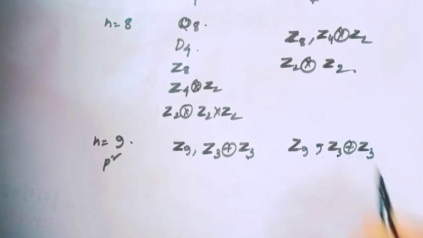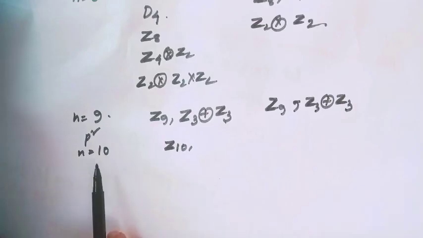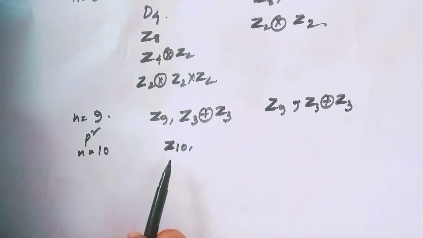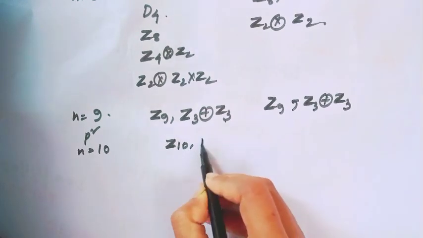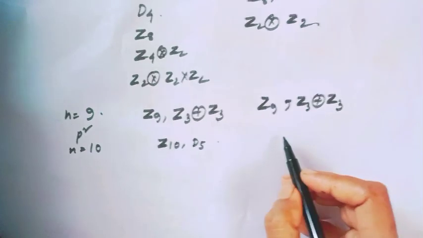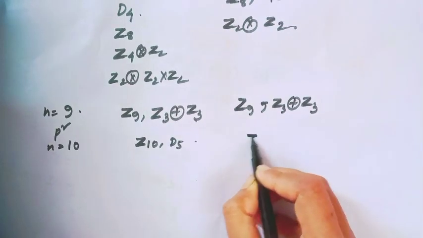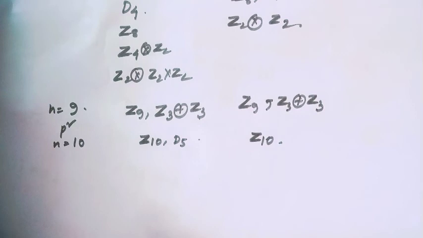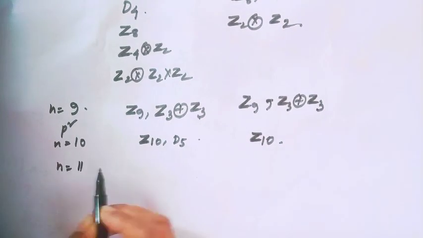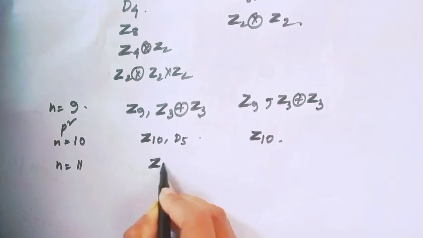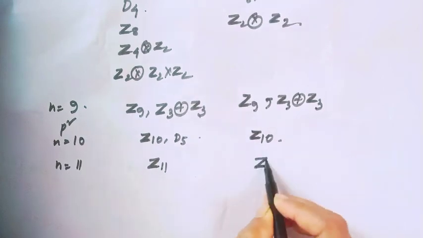Okay? Well, for n equal to 10, there are only two possibilities, one Z10 and other D5, and abelian only Z10. Okay? For n equal to 11, since 11 is a prime number, this is only Z11 and abelian also Z11.